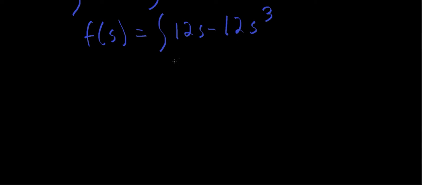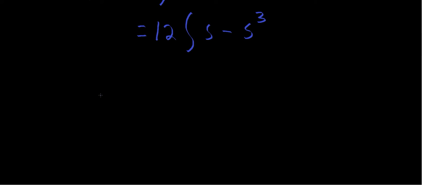One thing you can do, and you're probably going to see Professor Toma do, is pull out the 12, since there's a 12 multiplying your s and a 12 multiplying your s cubed. Then you have an integral of s minus s cubed. Where we go from here is just how we evaluated the other integral.